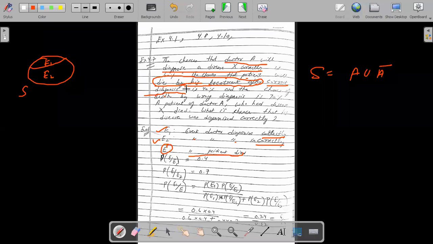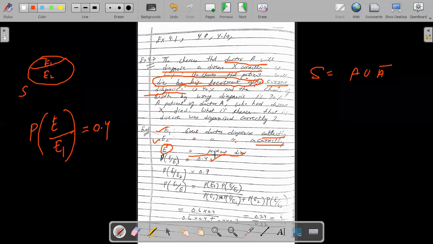Now let us read the statement again. The chances that the patient will die, so patient की death हो गई after the correct diagnosis. तो पहले डॉक्टर ने करेक्ट डायग्नोस किया था बट पेशेंट की डेथ हो गई. So what is this? This probability is 40%.